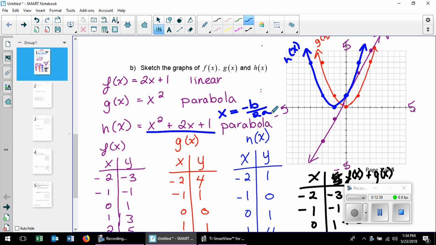That'll give you the x coordinate of your vertex. You could also complete the square if you want to. Once you find the x coordinate, then you substitute it back in to find the y coordinate of your vertex, after you find the zeros. Okay? You need to be able to graph a parabola in your sleep.